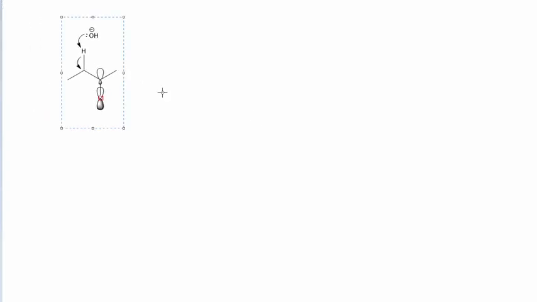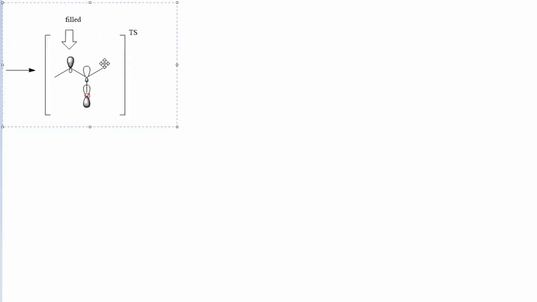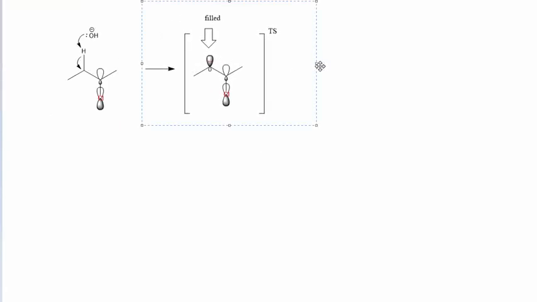So let's look at that in relation to, once again, the system that we care about. Here we're having the base attack the hydrogen right here. Now what that will do is move the electrons from this bond down to this carbon. That should be something you've seen before. Nothing too crazy about that. So let's look at this hypothetical transition state.